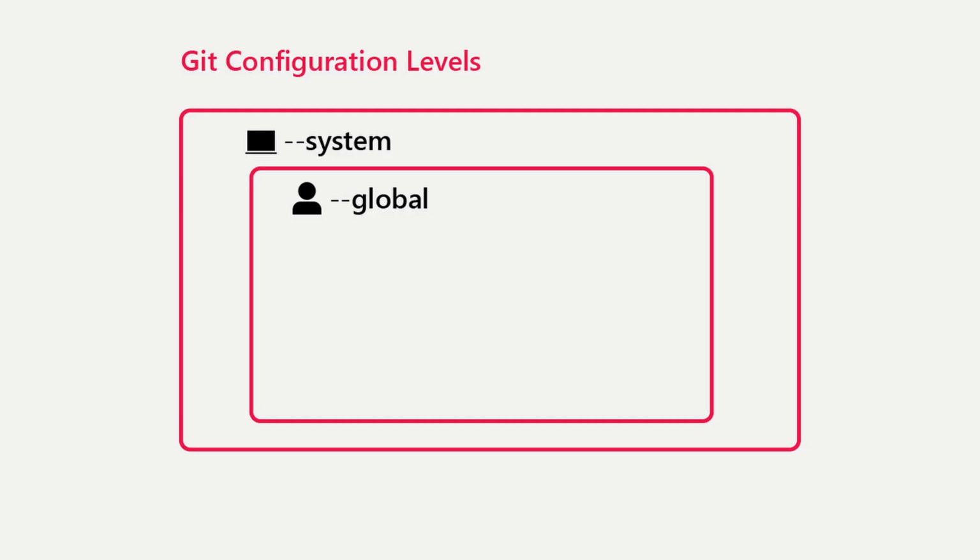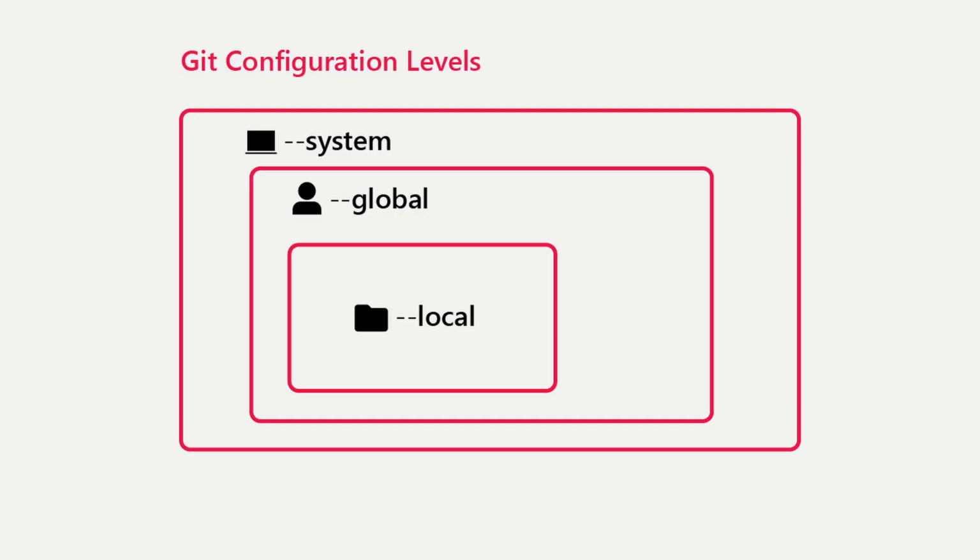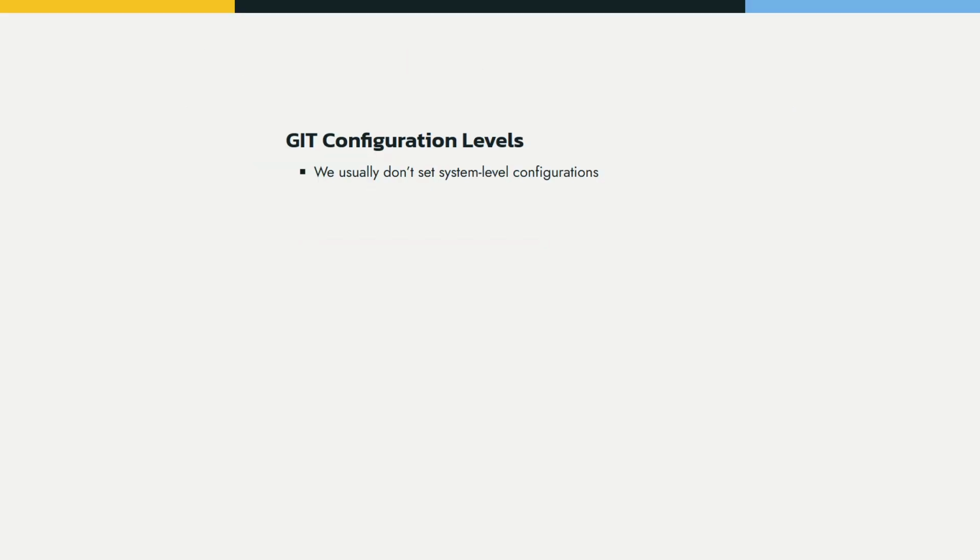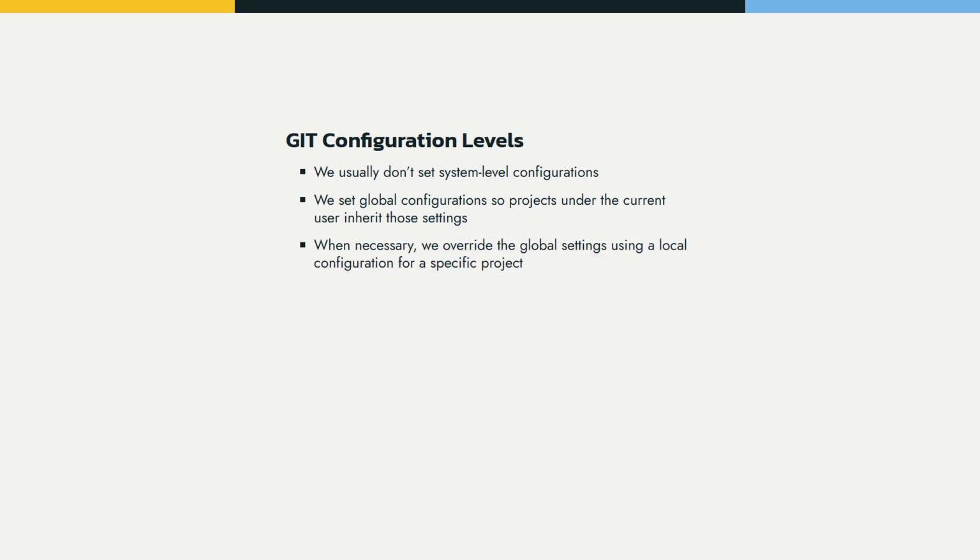And the third and final level is local level, and we use local level to override global and system settings on a specific project. We don't usually set the system level configurations, instead we will set the global configurations, so all projects under our current user will inherit those settings, and then only when necessary we will override global settings using local configuration for a specific Git project.